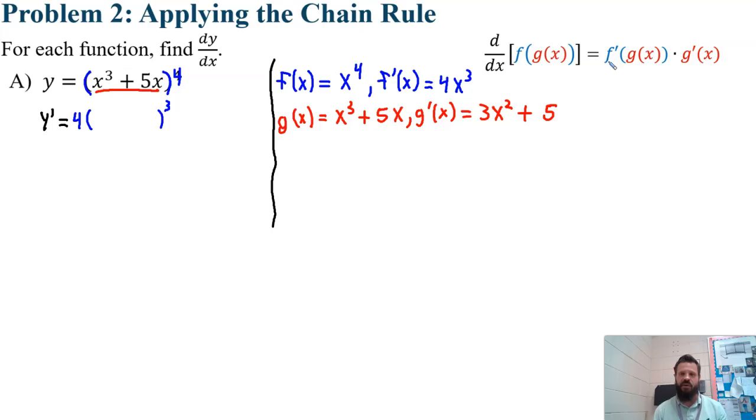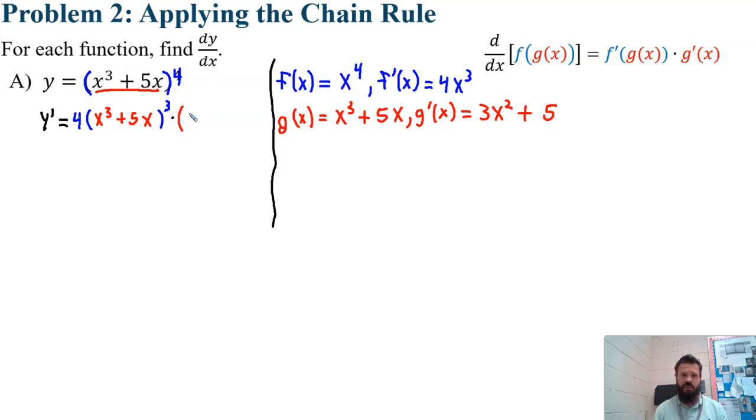It's the derivative of the outer function with the inner function placed on the inside. So that'll just be my x to the third plus 5x. All right, then times the derivative of the inner function, which is my 3x squared plus 5.